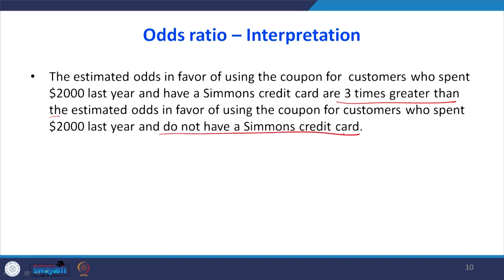So, that means the spending amount is same, but when you send this coupon to the person who is having the credit card, there is a 3 times more chance that person will use that coupon. Okay. That is the meaning of this odds ratio.